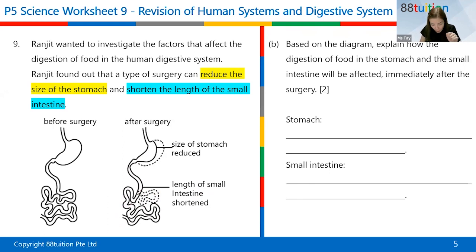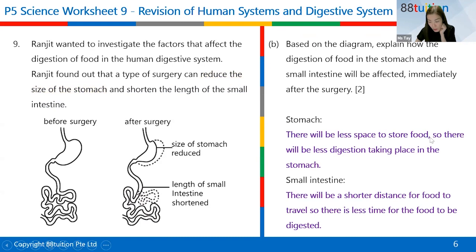So if the food is traveling along this path inside the small intestine, it is being digested at every single point. But if you shorten the small intestine, the path is now shorter. There is lesser chance of being digested already. You see that? So digestion is reduced.